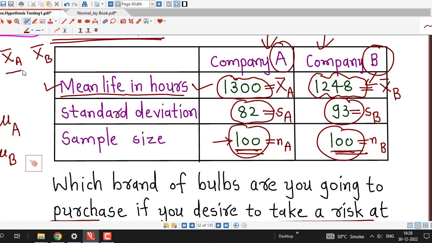From this given information we observe that this mean life is more as compared to this.